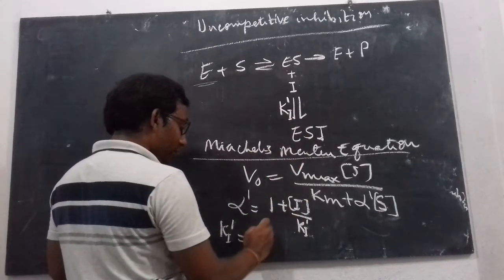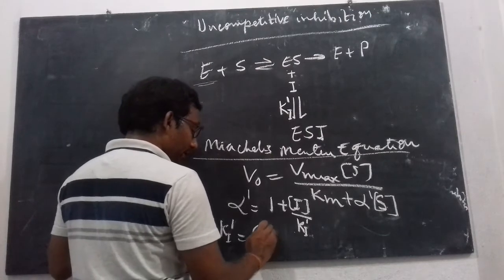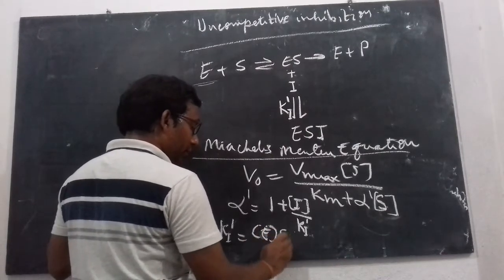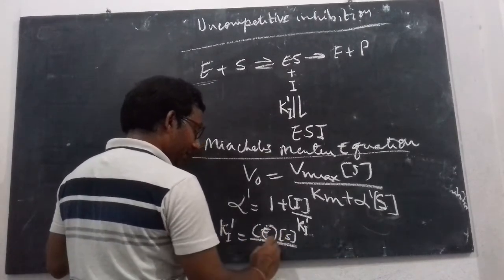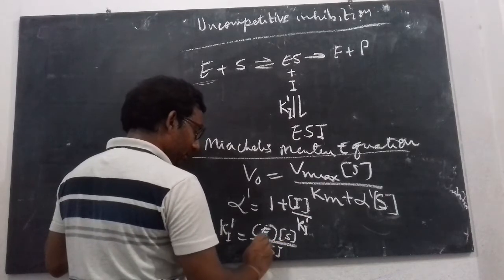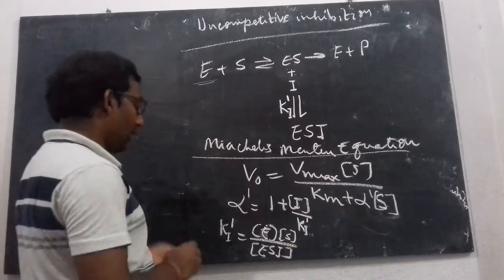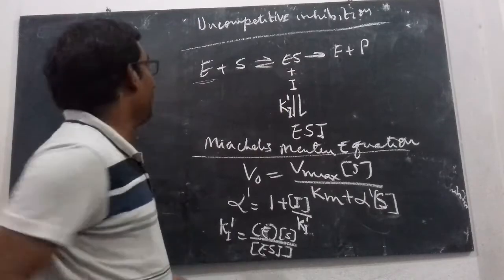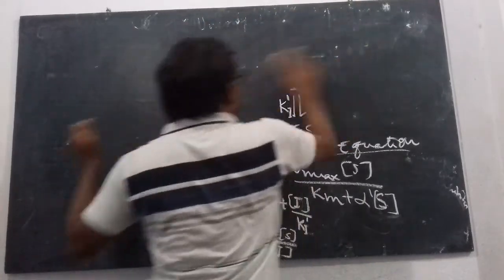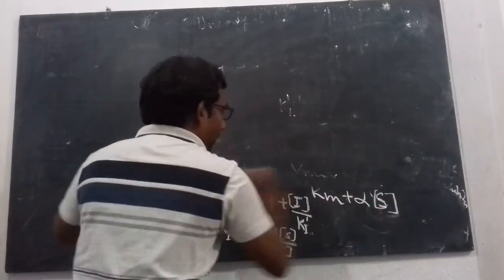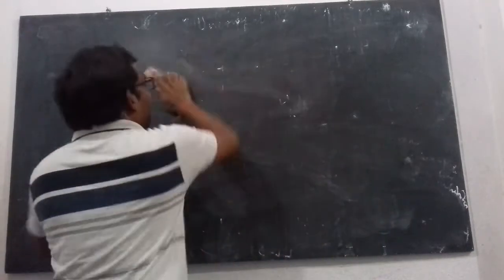And Ki dash is equal to enzyme concentration into substrate concentration divided by enzyme substrate inhibitor concentration. This is how. One more time I will tell you, and then we will draw the graph. So let us write down.